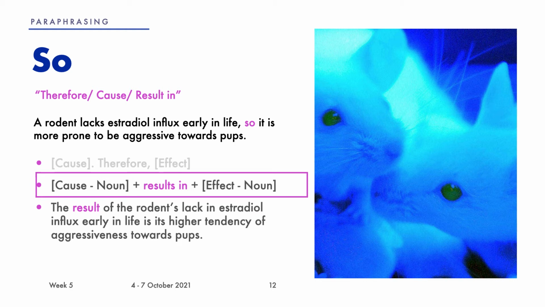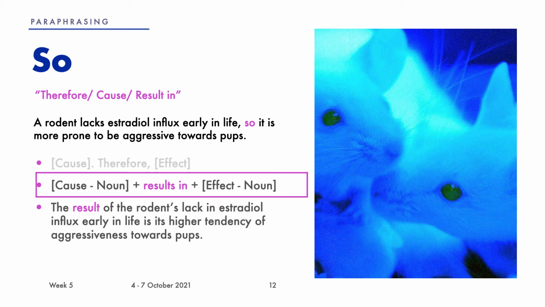But I'm going to show you my version by nominalizing the verb "result," by putting "result" in the noun group before the linking verb "is." So I wrote something like this. The result of the rodent's lack in estradiol influx early in life is its higher tendency of aggressiveness towards pups.